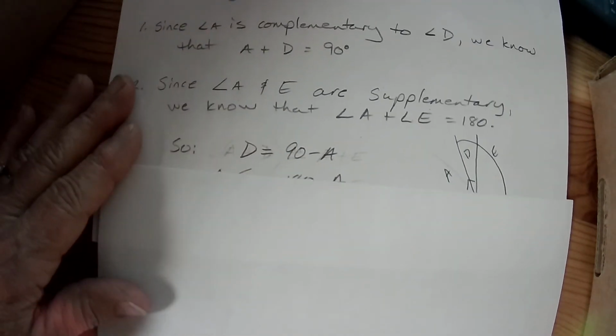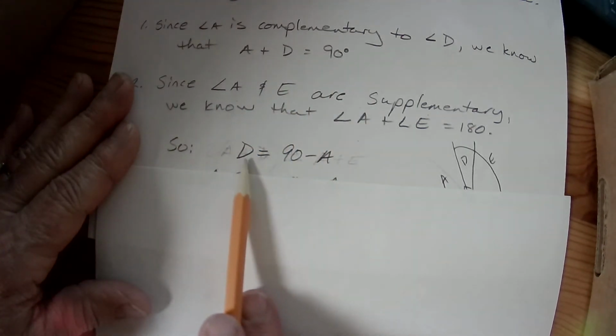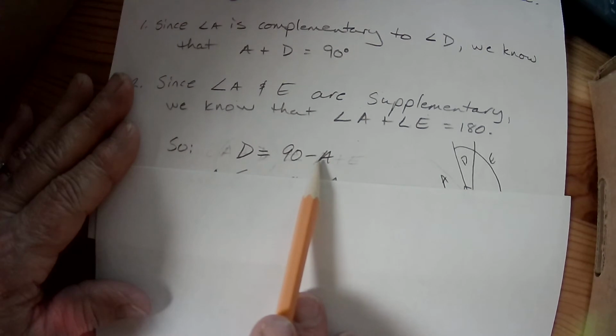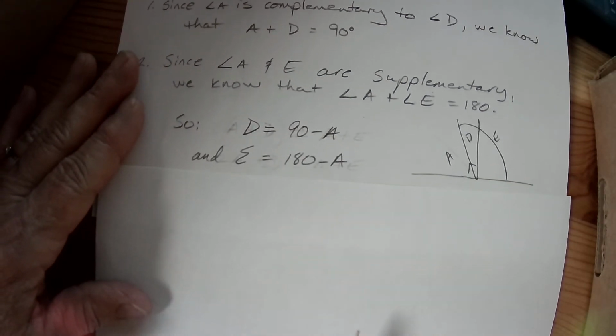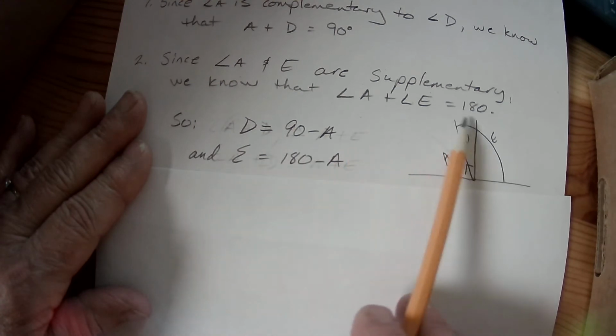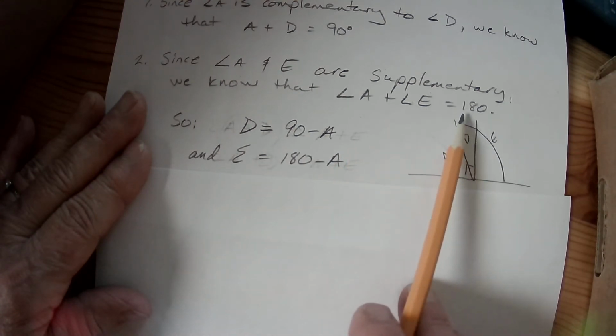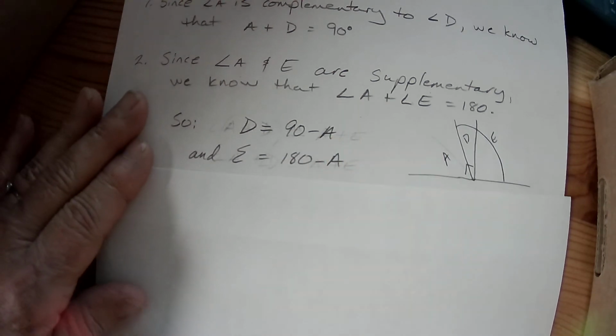So since A plus D equals 90, that means that D is 90 minus A. And since A plus E is 180, I know that E is equal to 180 minus A.